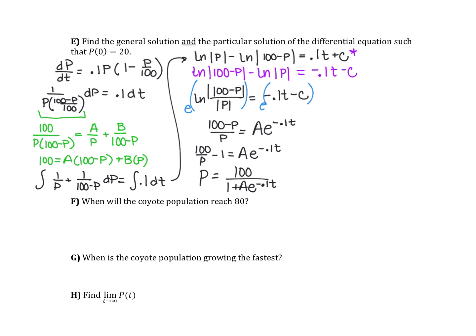Could we have remembered the formula from before? Absolutely. So if you know that formula and you take a second to look back at that original formula, remember the original formula said P equals L, that's our carrying capacity, over 1 plus A e to the negative K T, and we were given K and we knew L.